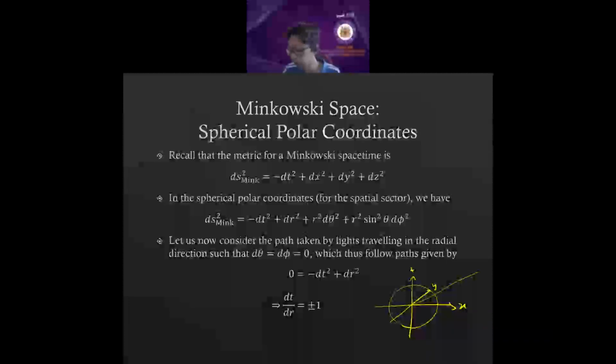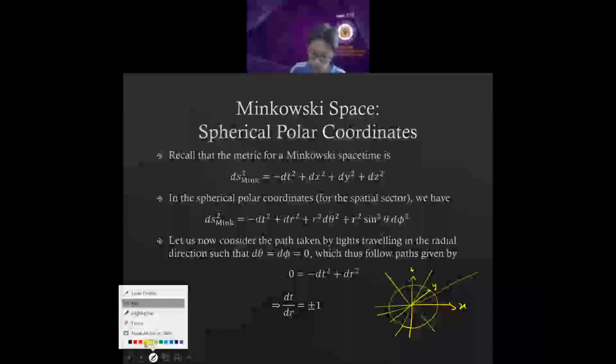It can be in this direction or this direction or this direction or this direction, in any radial direction. Then in this case, first we have that d theta and d phi must be equal to 0 because there is no change in the angles. So this part vanishes, this part vanishes.